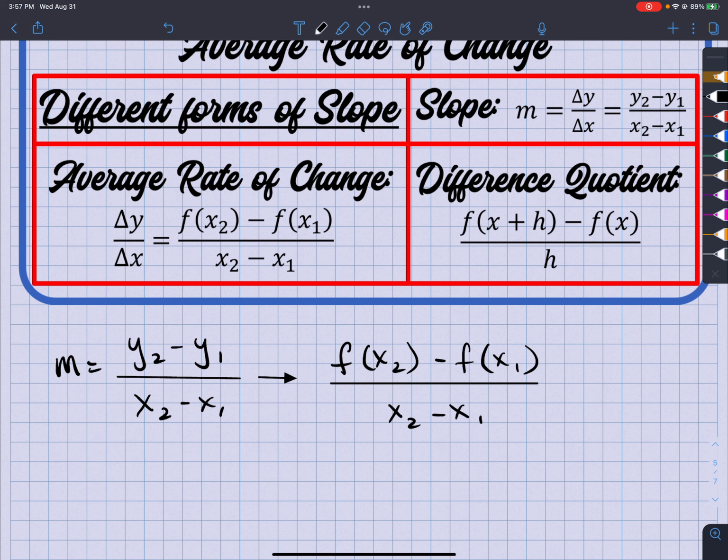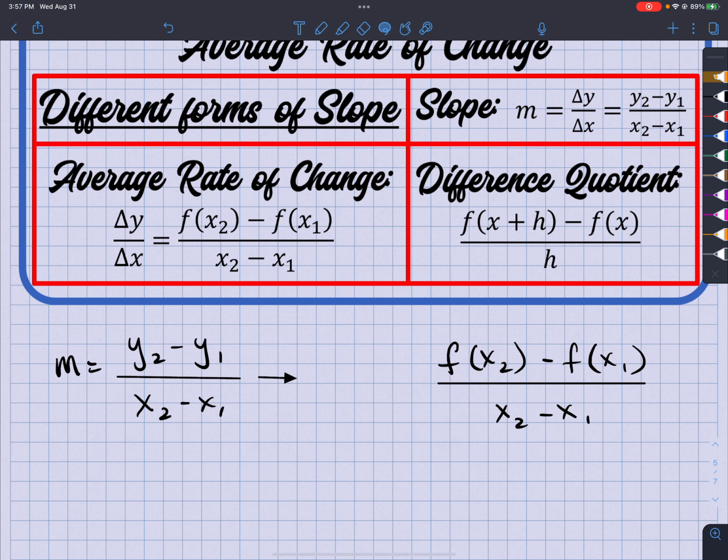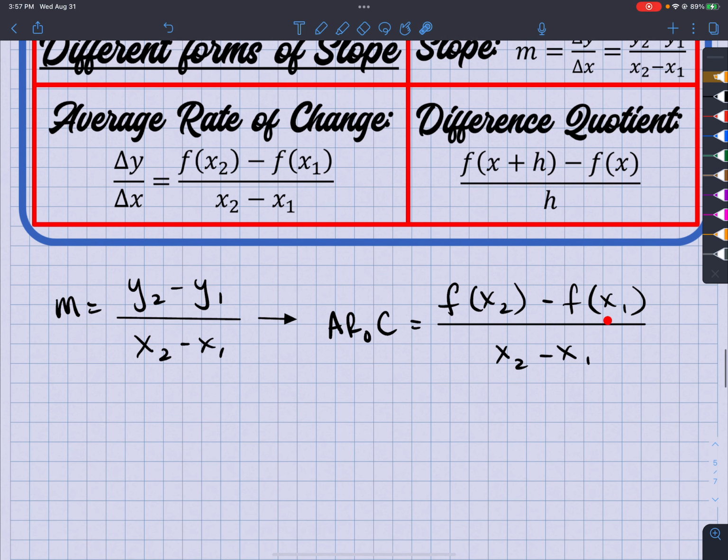Okay, now if you notice, these two x's here have some kind of separation between them, right? So we call this average rate of change. Remember, x2 and x1 have some kind of separation. Let's call that separation something small like h, right?